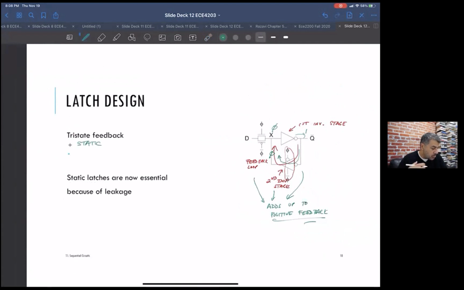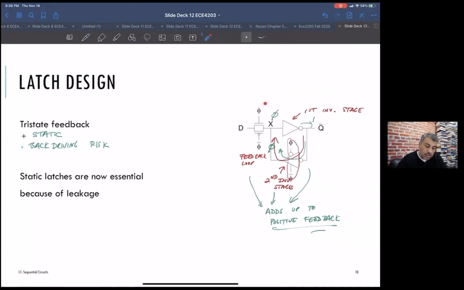There is, let's just say, there's backdriving risk. If you're not careful about these clocks, you could have momentarily this transmission gate on at the same time as the inverter that's feeding back, and you could be fighting on the input.